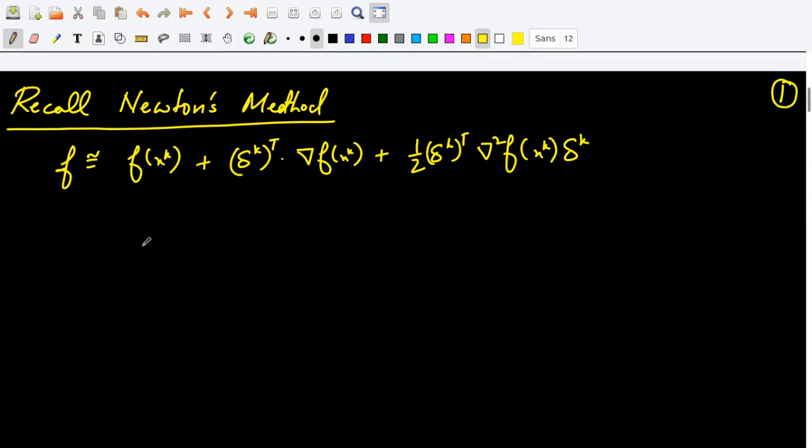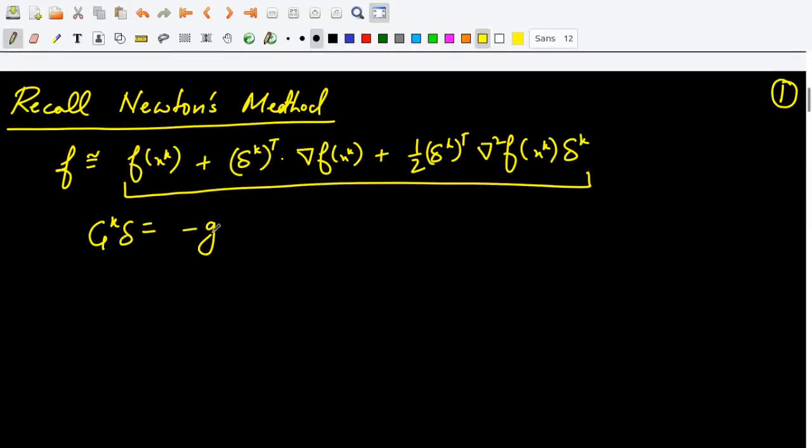If we try to minimize this approximation over all possible delta, we get the best possible delta, which satisfies this equation, Gk delta equal to minus gk. And if capital G is invertible, then delta is Gk inverse gk.